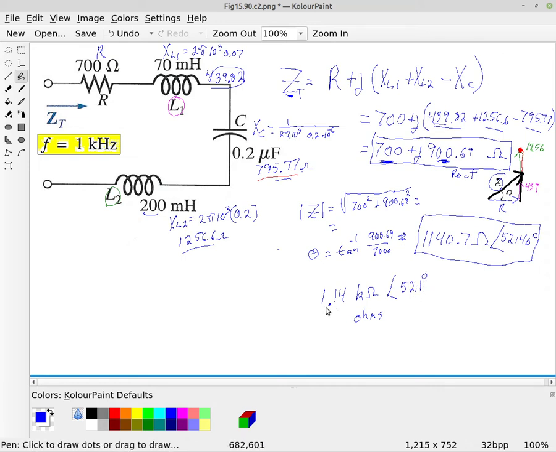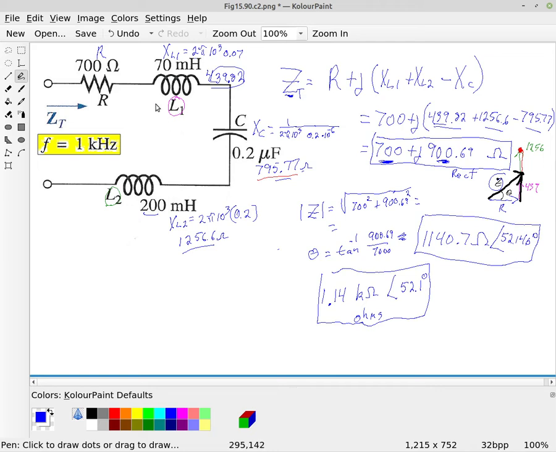So remember, if you're putting it into Blackboard, I need 3 digits, and I need a space between the numeric value and the units, including the prefix k for kilo ohms. All right, and so this would be the polar form that we would use to put this into Blackboard.